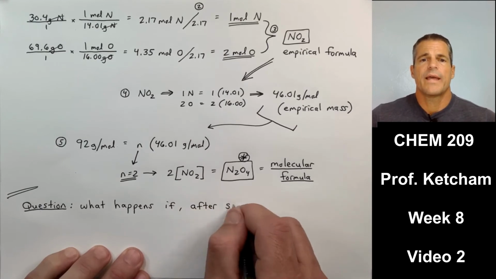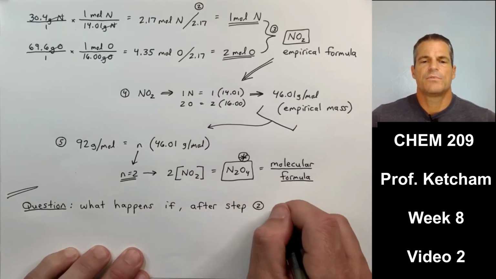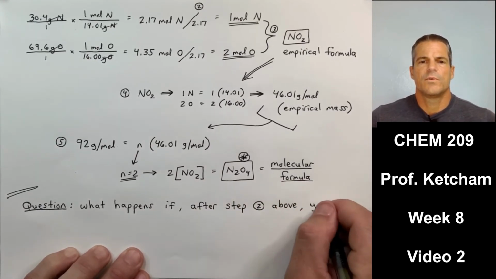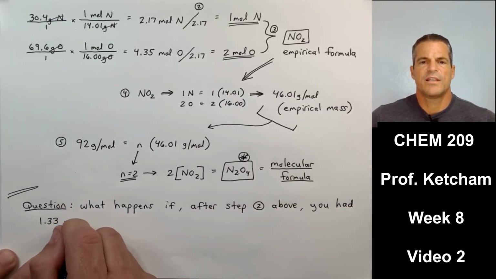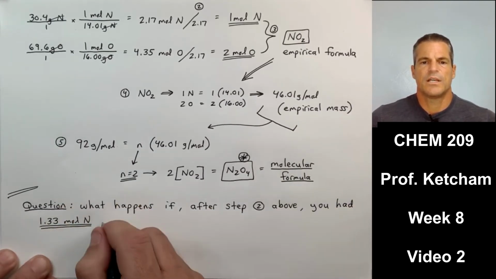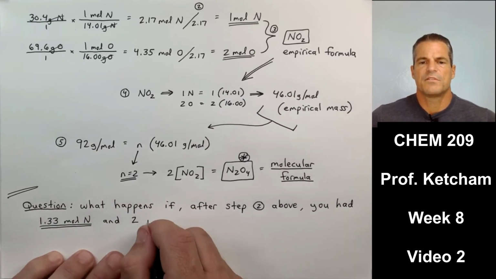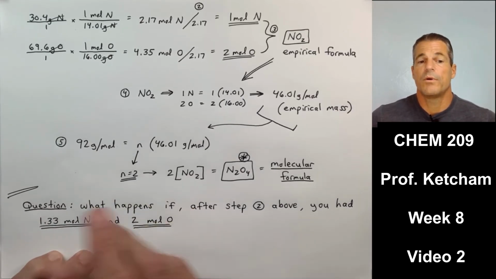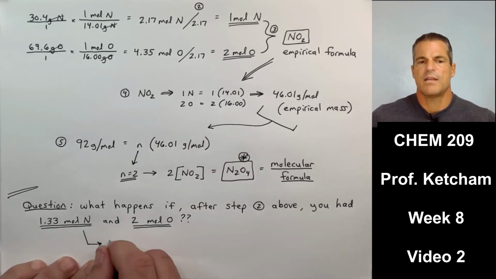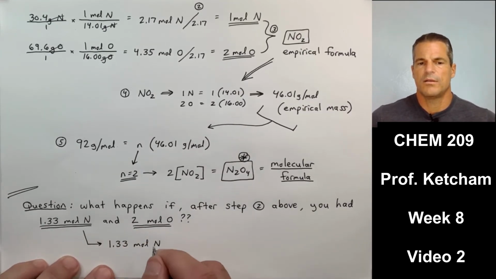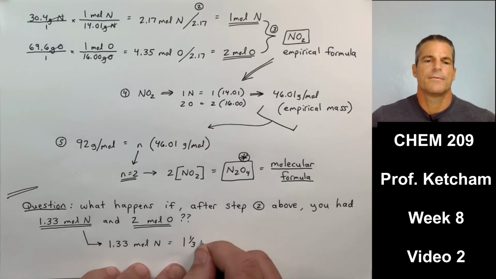So question, gosh, what would happen if in step 2 up there, we divided by the smallest number of moles and we didn't get nice clean numbers? For example, what would happen if after step 2 above you had 1.33 moles of N and 2 moles of oxygen? You can't make it N1.33O2, right?